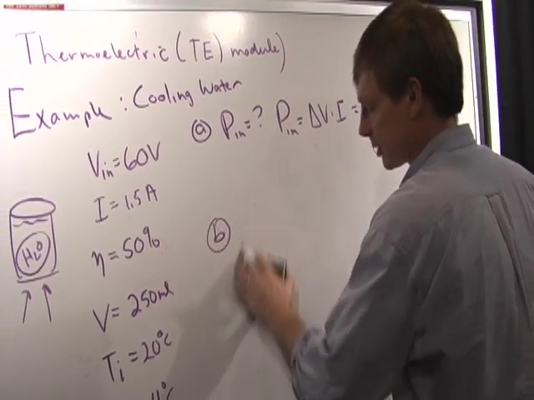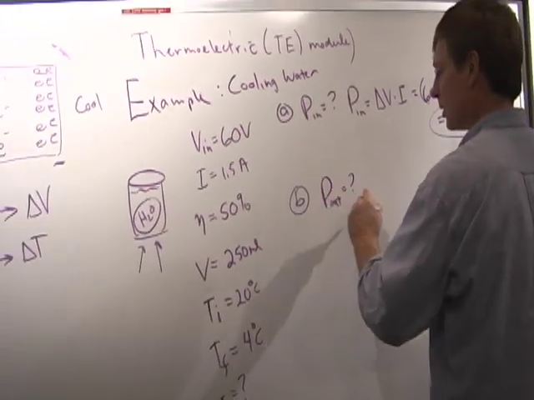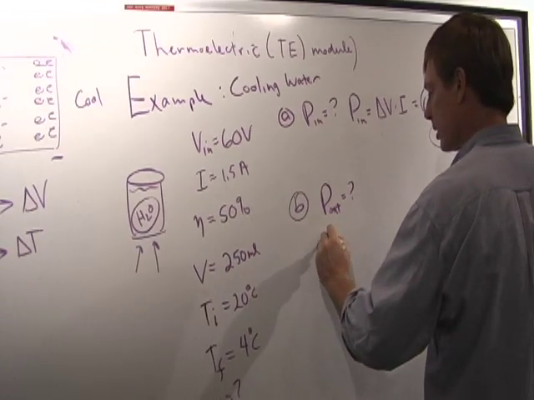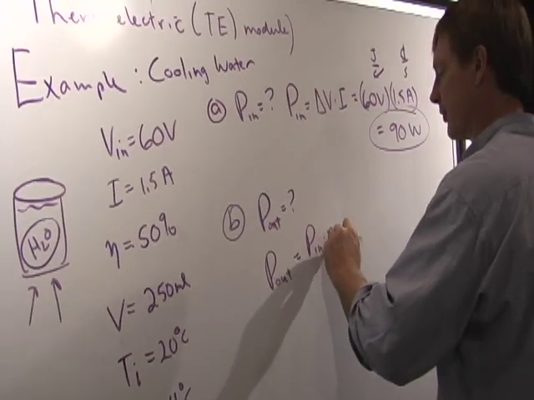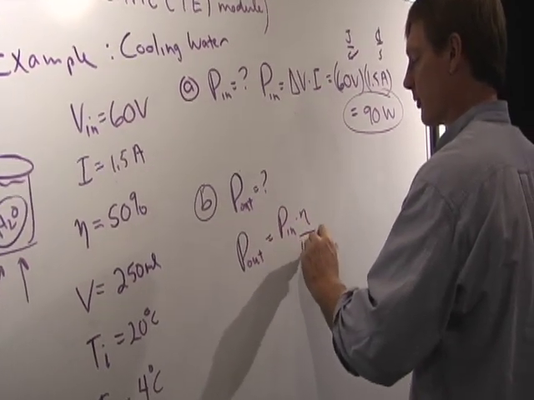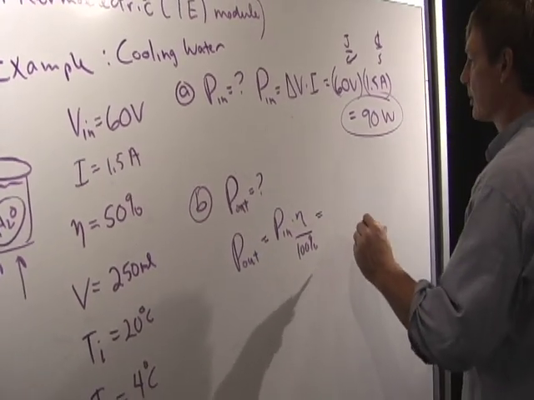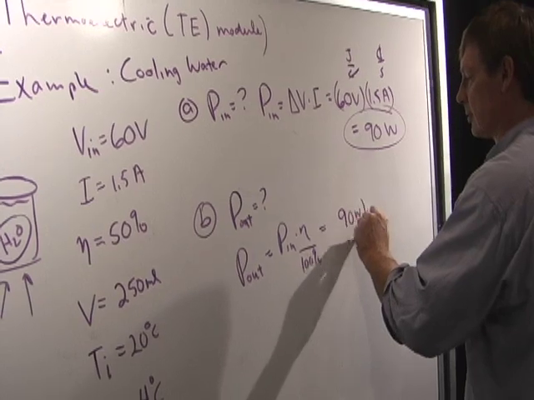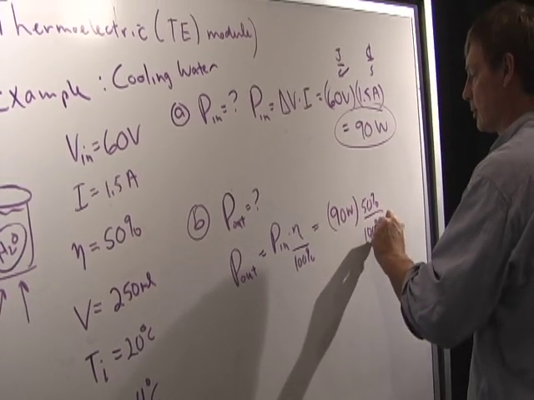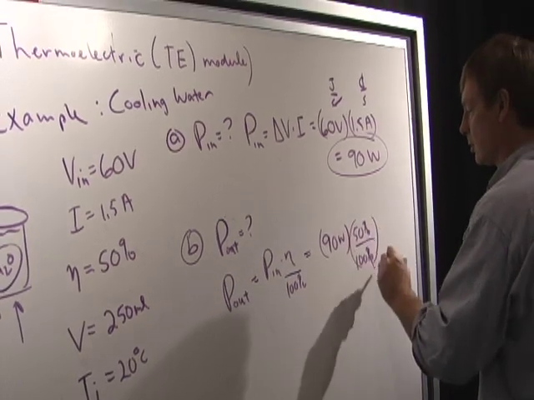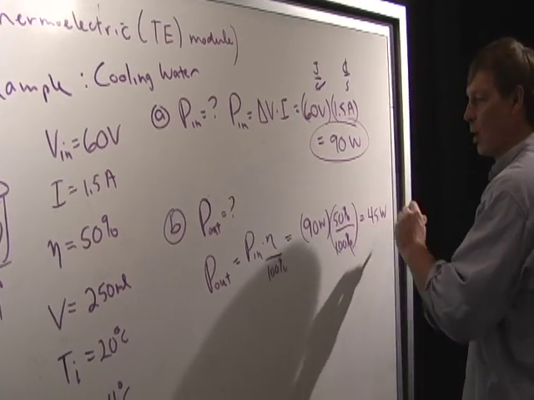Well, the output power is the input power times the efficiency over 100%. I just reworked that equation, which is going to be 90 watts times 50% over 100%, which is going to be 45 watts.